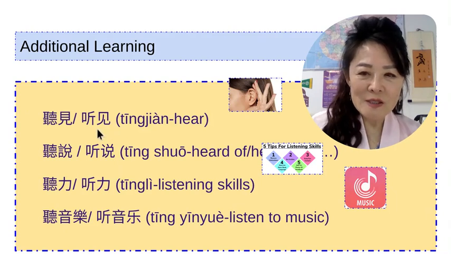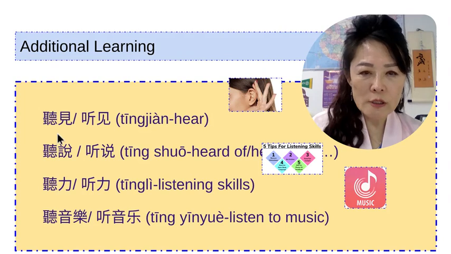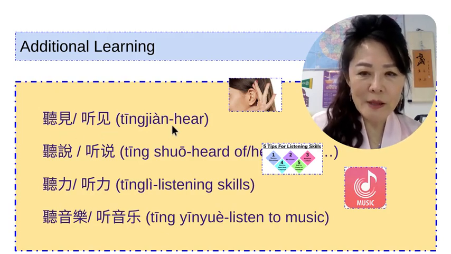Use ting to formulate some phrases. Let's say traditional characters are on the left-hand side, simplified on the right-hand side. Let's say 听见, hear. You can say 我听见你说, I hear what you say.